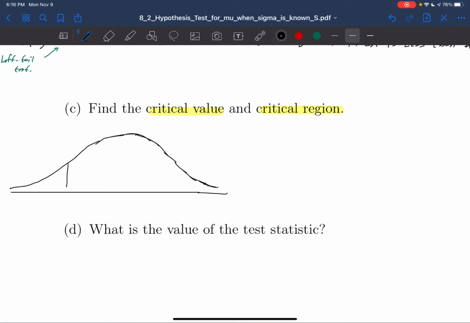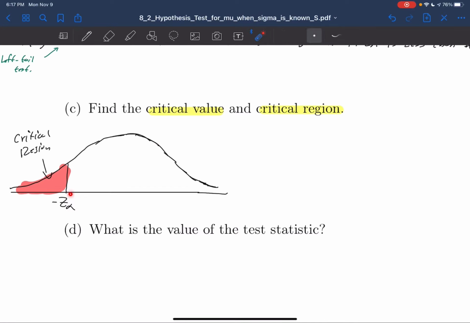We want to find our critical value, negative z of alpha, where the area to the left of this value is going to be equal to alpha. So in other words, this is going to be our critical region. It's going to be all of this.